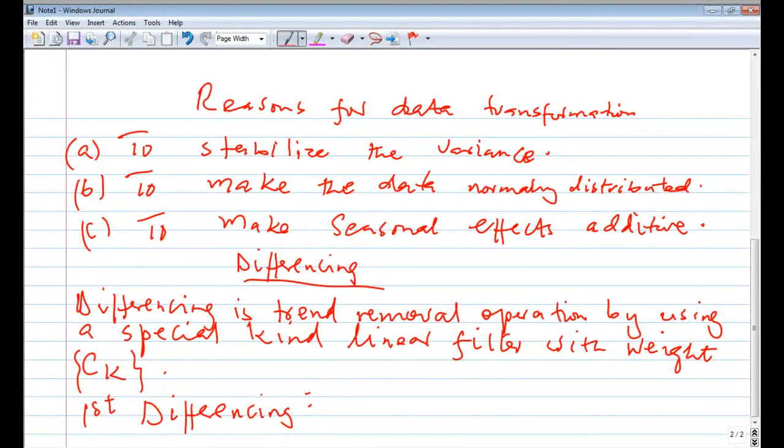The first differencing is denoted by change in xt, which is equal to xt minus xt minus 1.